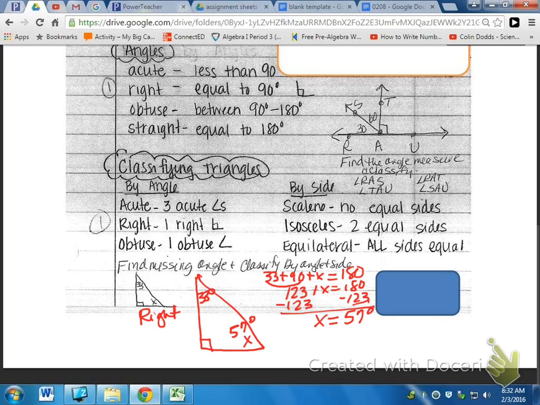If you've got two angles the same, you've got two sides the same, and so on for three. But if they're all different, all the sides are different. So, Braxton, what would that be? Scalene. On those, you have to have three answers: the angle measure, the classification by angle, and the classification by side. Questions?